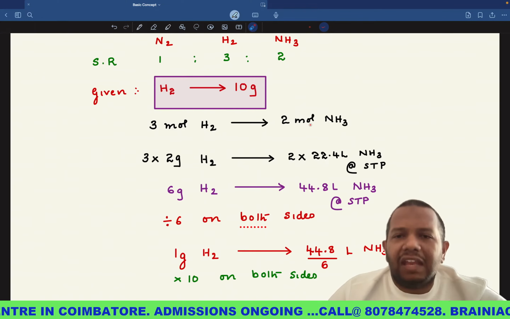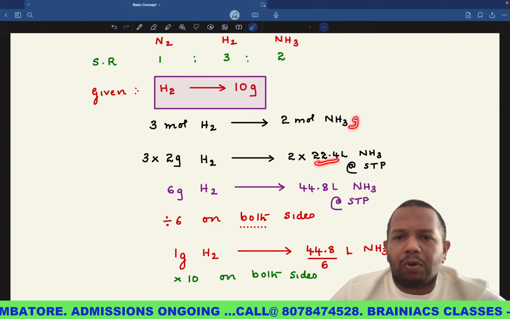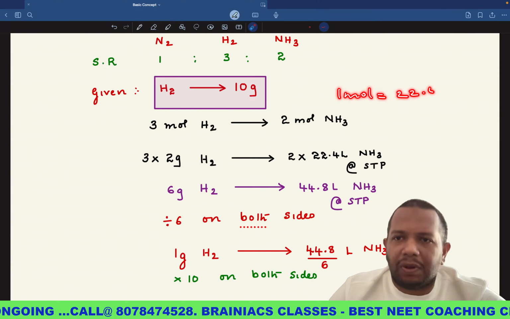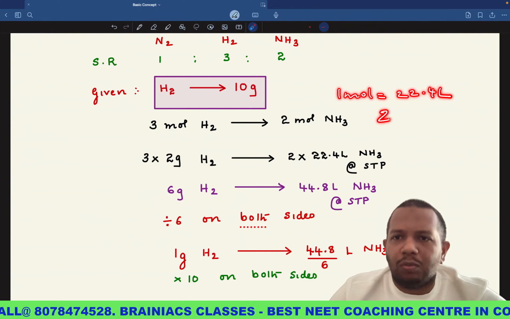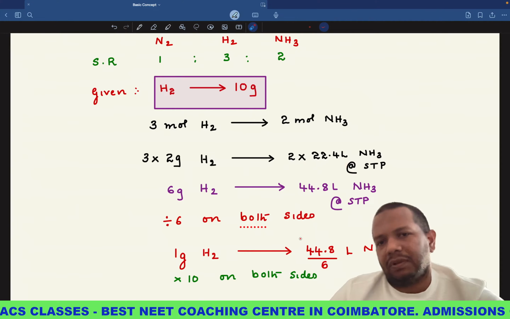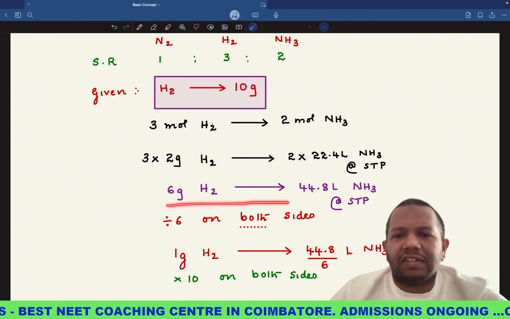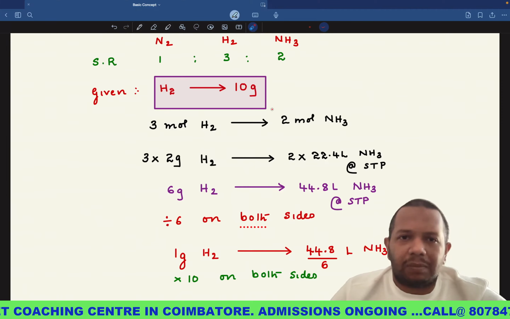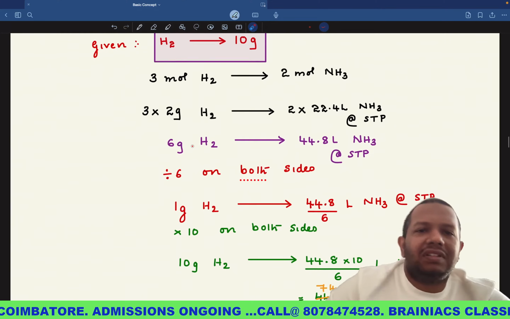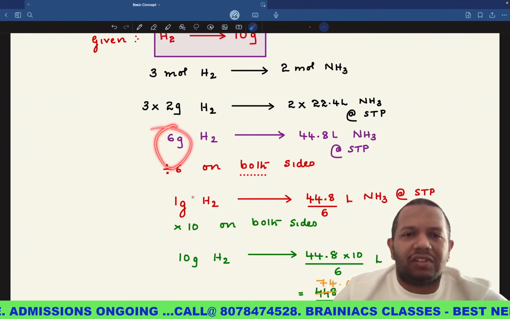Any gas at STP occupies 22.4 liter. So 1 mole of any gas at STP occupies 22.4 liter. We have 2 moles, so that's why 2 into 22.4 liter comes here. Now we know 6 gram hydrogen will give 44.8 liter, but we have in our hand 10 gram to prepare. So convert this 6 to 10 gram. How to convert 6 to 10 gram?